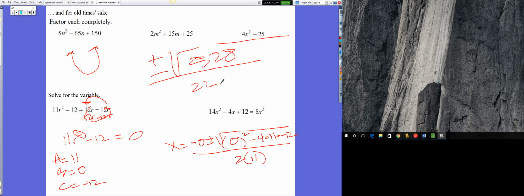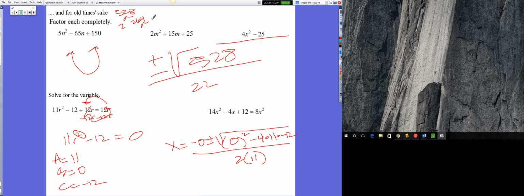Okay, now 528 is probably not going to be a perfect square. It's not. So 528, you've got to bust up 528. 528, it's even. You can cut it in half. 528 divided by 2 is 264. That's even again.